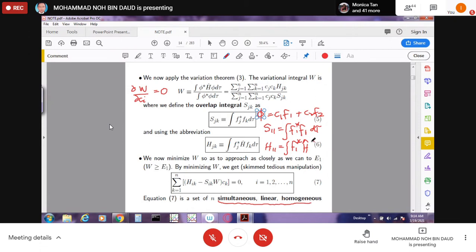This constant potential we can set as 0. So the Hamiltonian's matrix elements will be like this, and you must know how to differentiate these matrix elements with these symbols, these notations.